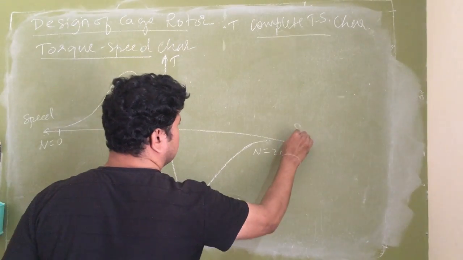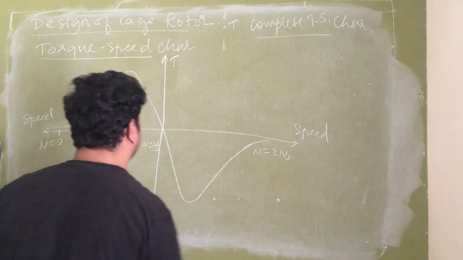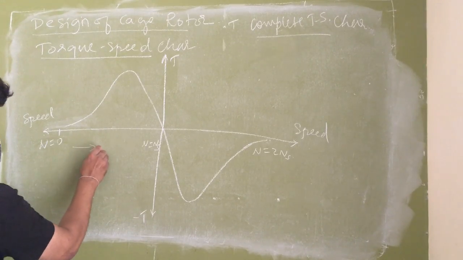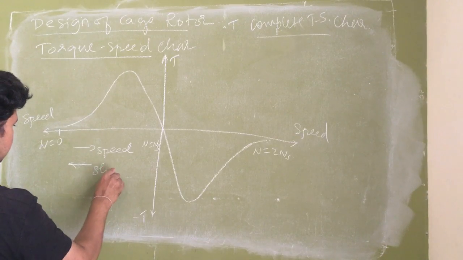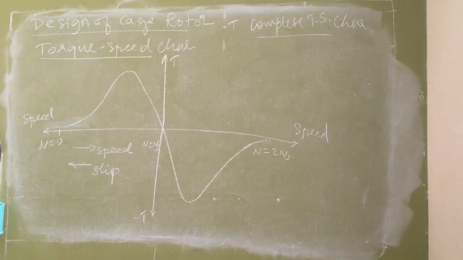So this is speed, and this will be slip.